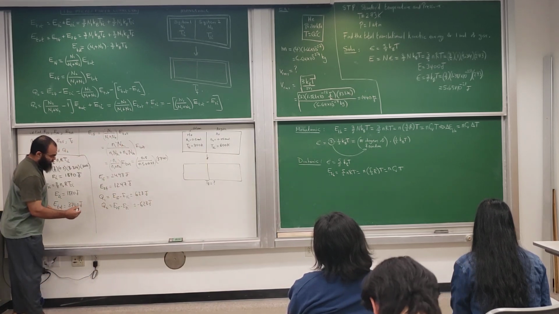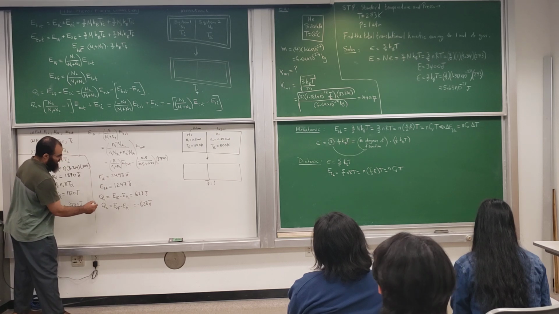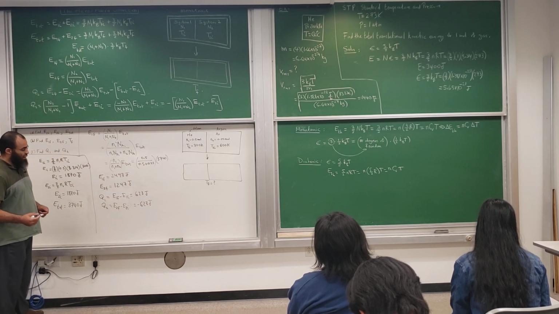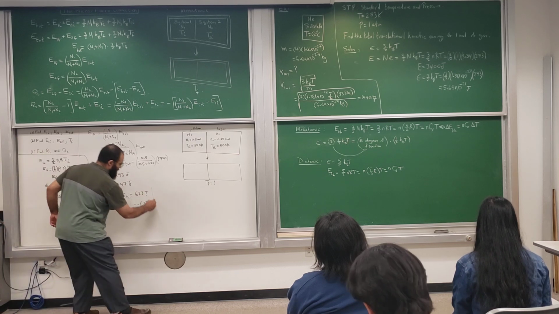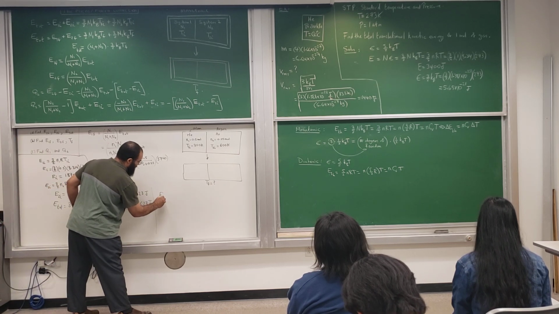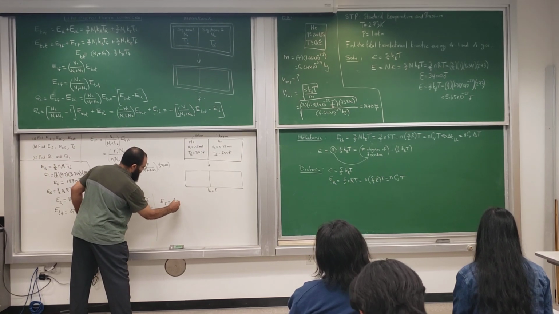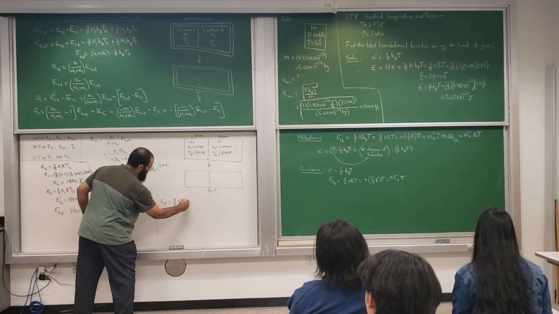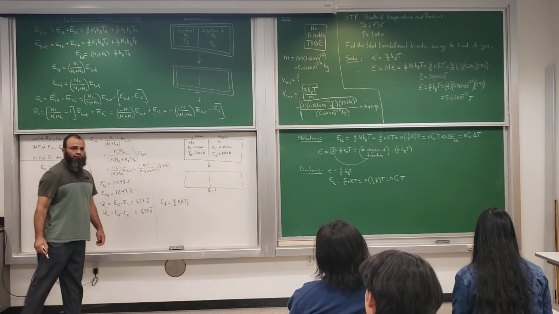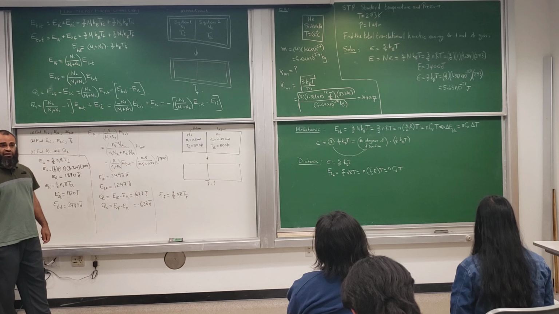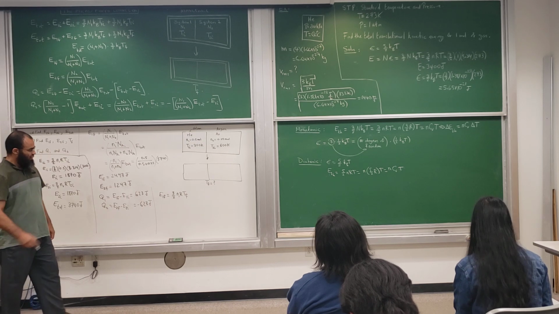All right. So we will do this. We want to find the final temperature. We know that E1 final is equal to 3 halves N1 times R times T final. So we can find T final that way.